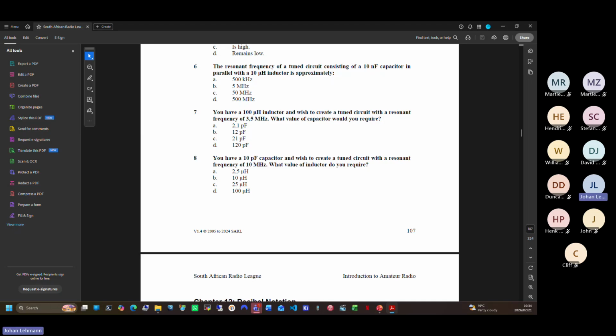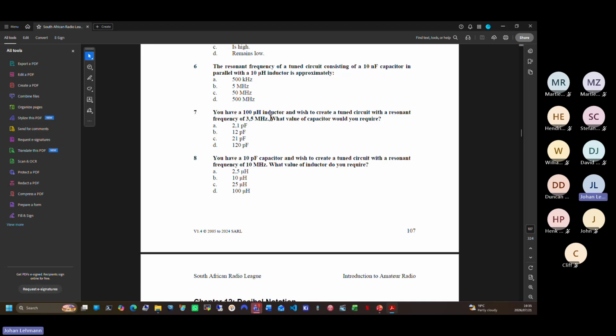So it is 1 over 2 pi times the square root of 10 to the power minus 6, because it is microhenries, times 10 to the power minus 9, because it's nanofarad. And then what value would you get? I get 500 kilohertz. 500 kilohertz, yes. At 6A, 500 kilohertz.